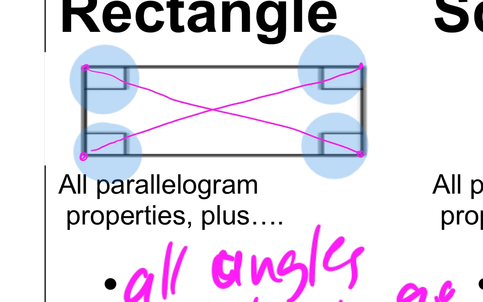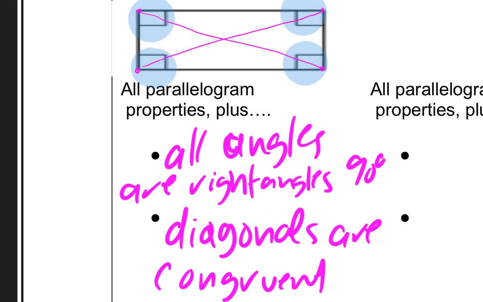The diagonals are congruent. Say this is that length, then that would be that length, and that length and that length. If they cross right over there, it separates those into two parts, because we talked about before that the diagonals always bisect each other.